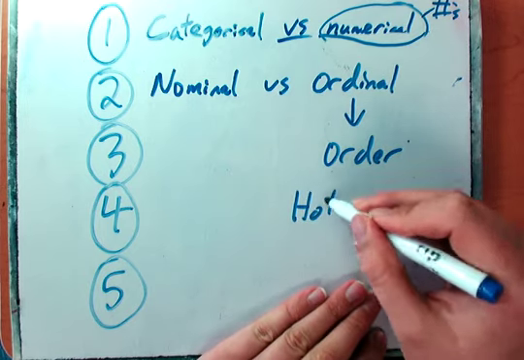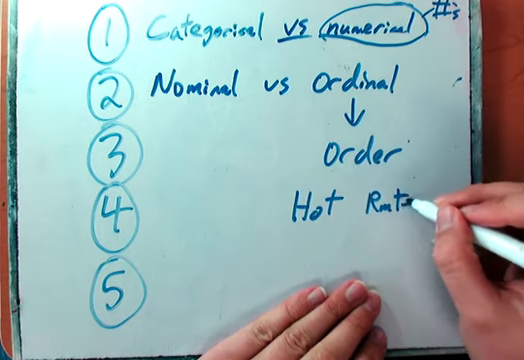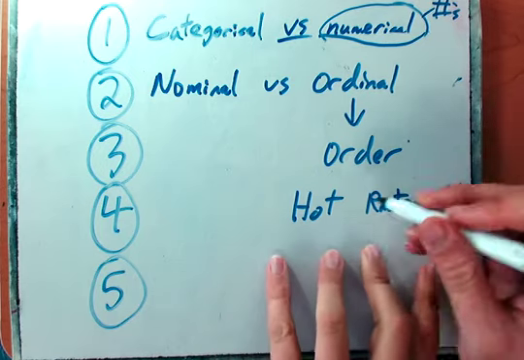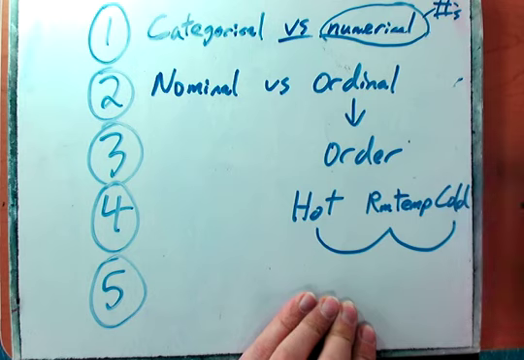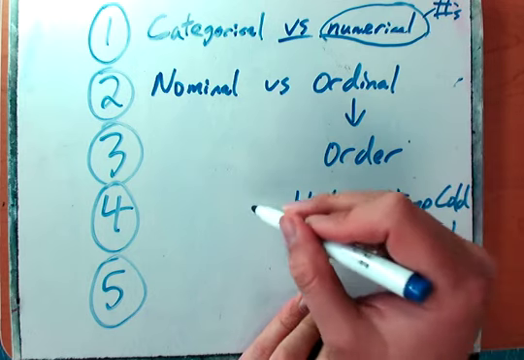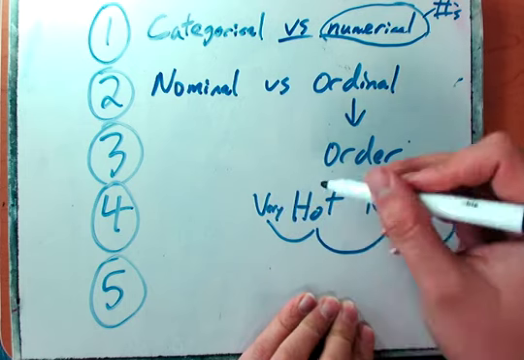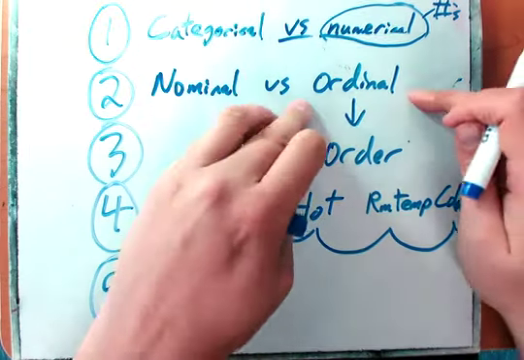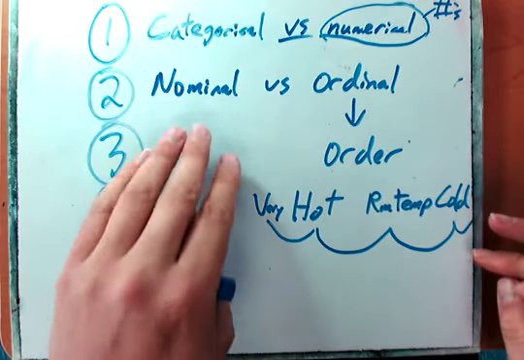Hot, like room temperature, and cold would be ordinal. There's an order. They go in this order. You could also put very hot as a category over here, or very cold to add another one. So ordinal, there is an order to things.